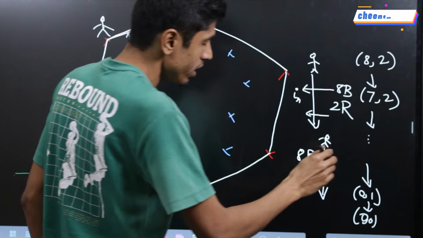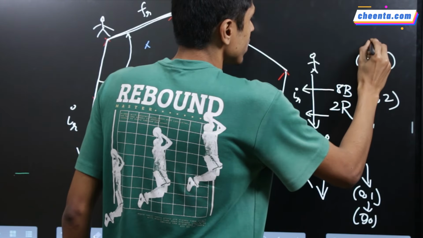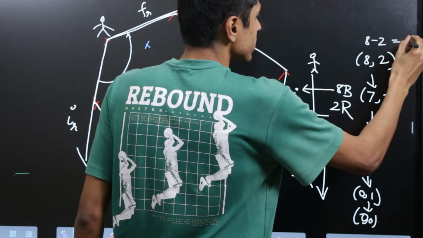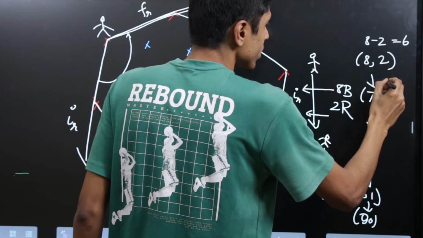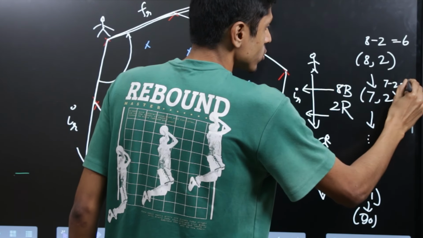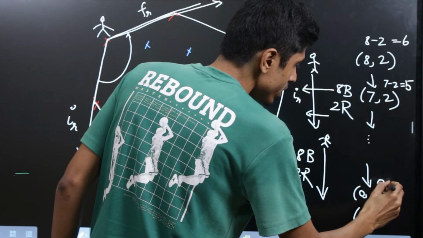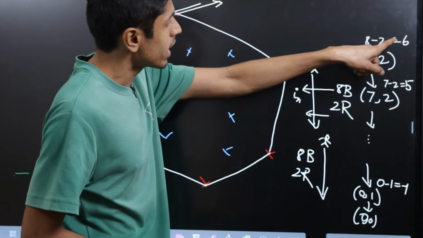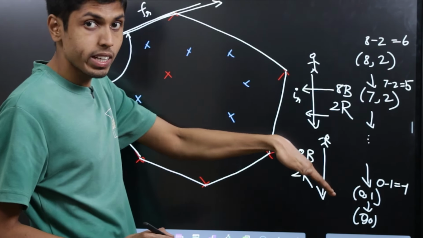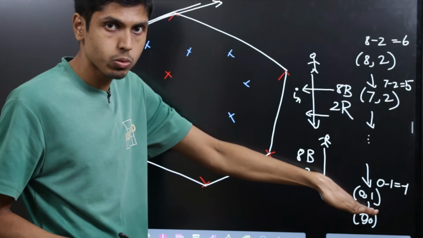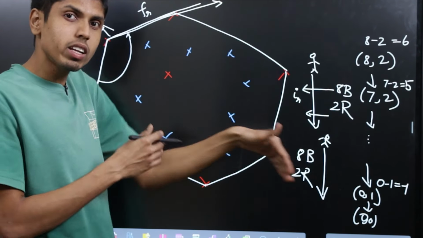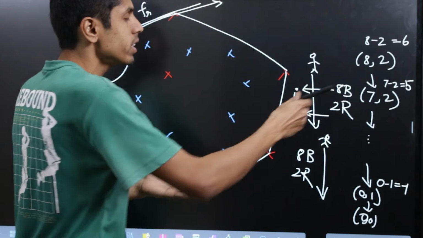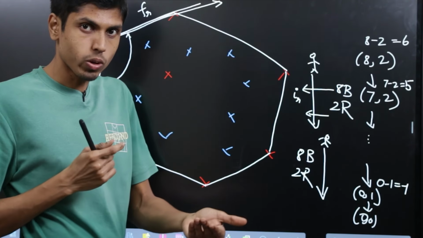And eventually, in this process, 8 minus 2, the difference between blue and red, is 6. Over here, the difference is 7 minus 2, which is 5. And over here, the difference is 0 minus 1, which is minus 1. So the discrete integer values go from 6 to minus 1 continuously. Continuously means step by step, one by one, there is a decrease of 1 or an increase of 1 each time.